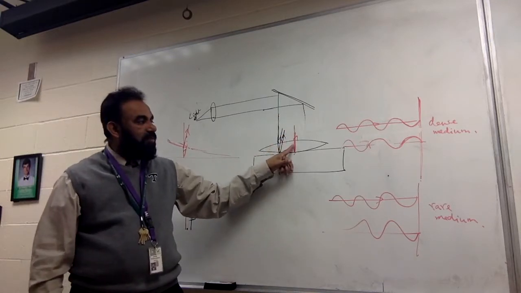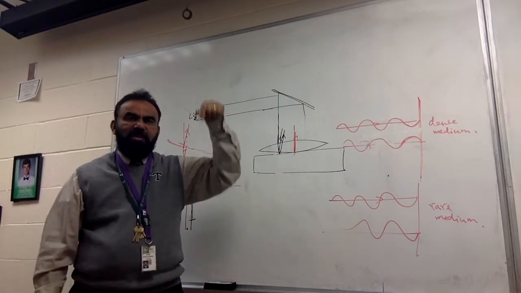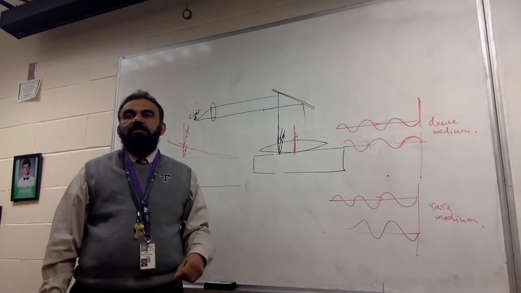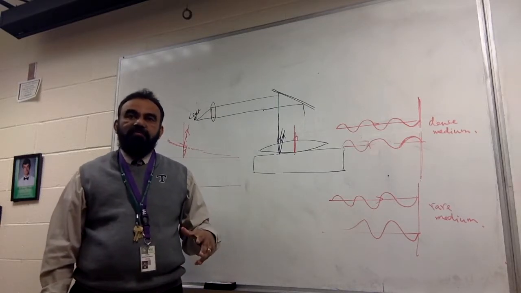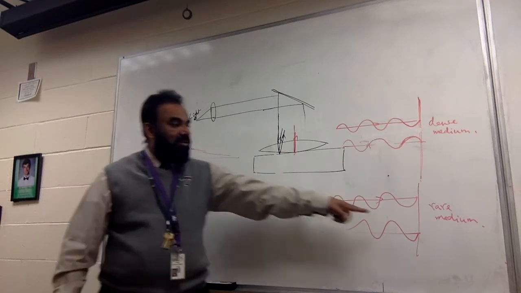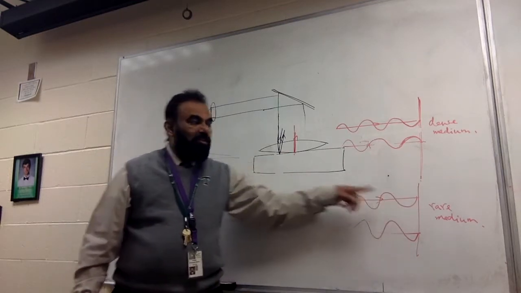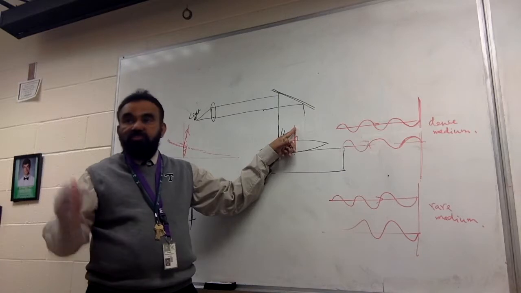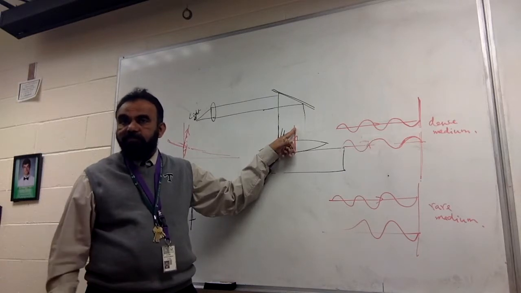So what kind of interference will these two undergo right in the middle of the lens? Constructive or destructive? Destructive, because of this condition. So what you'll see is destructive interference, which means it'll be dark.